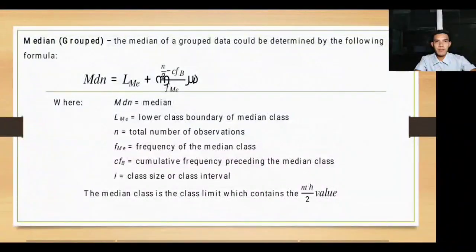MDN is the median, L sub me is the lower class boundary of the median class, n is the total number of observations, f sub me is the frequency of the median class, CF sub b is the cumulative frequency preceding the median class, and i is the class size or class interval, wherein the median class is the class which contains the n over 2 value.